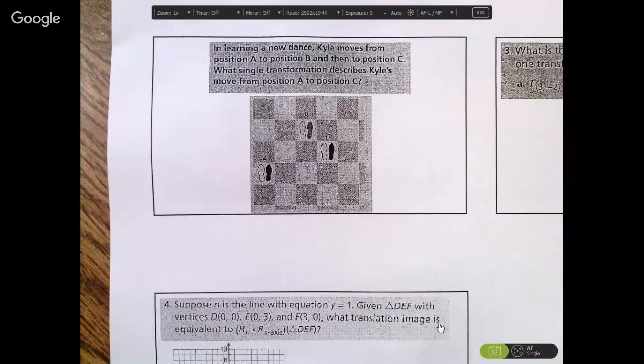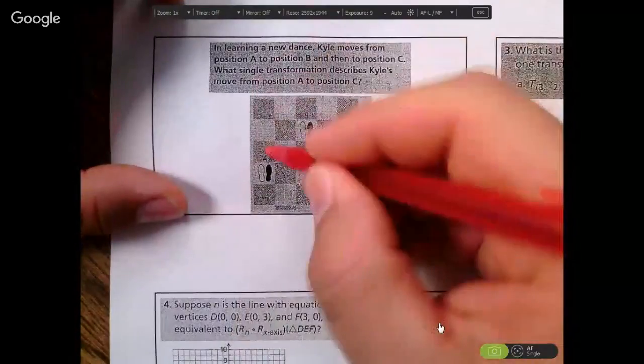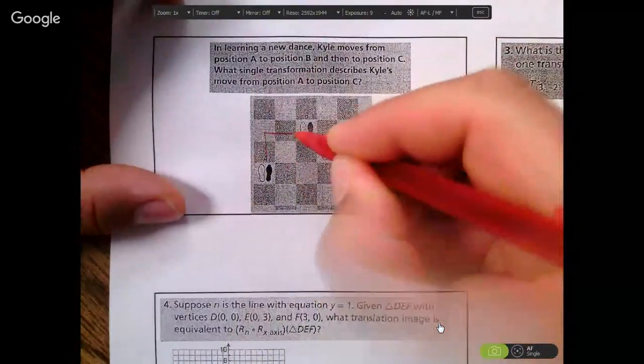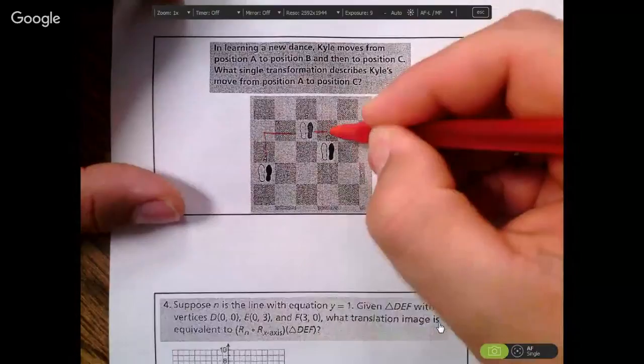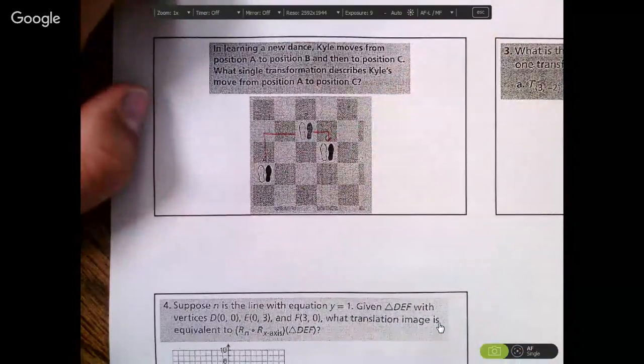Transformations don't really care how you do them. So this is a dance move, okay? We all know that when you do dancing, you do it on a checkerboard. Yeah, man. Okay? So it says it moved from A to B, and then it moved from B to C. Now, it doesn't make sense when we're talking about dancing.